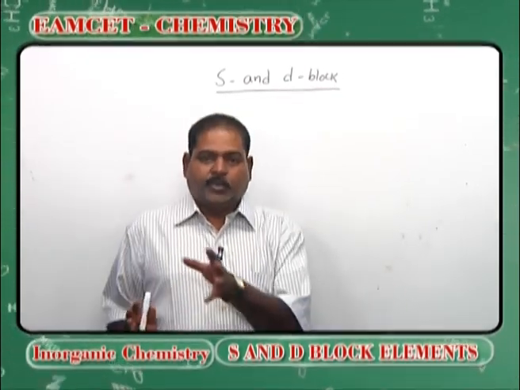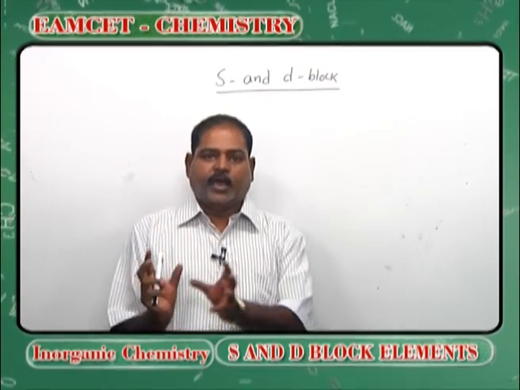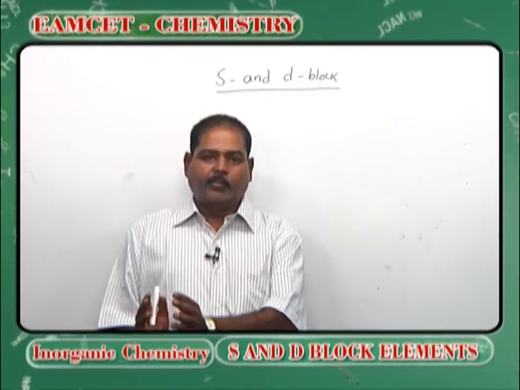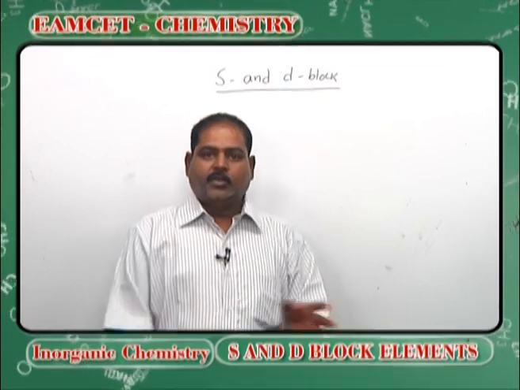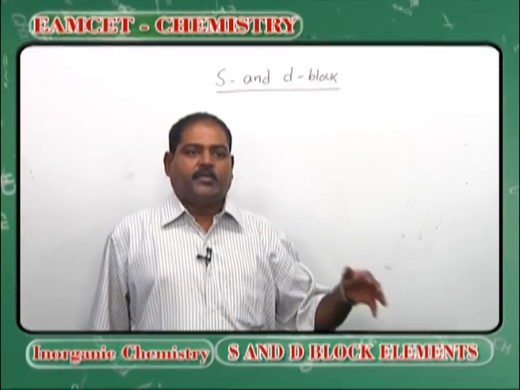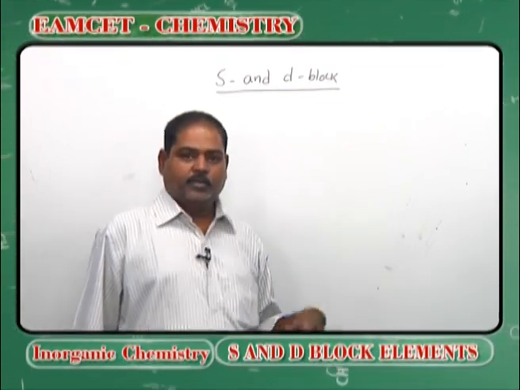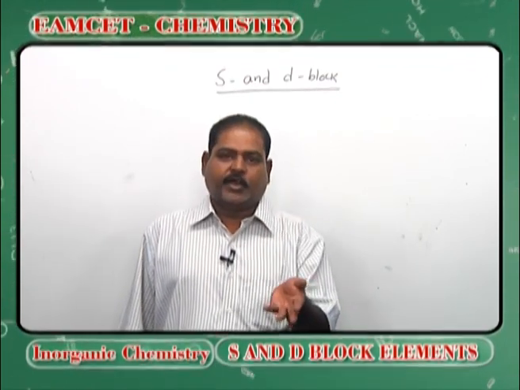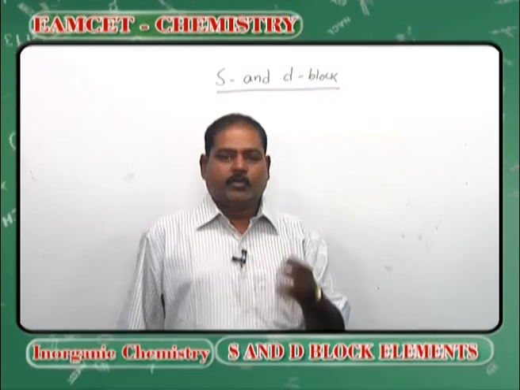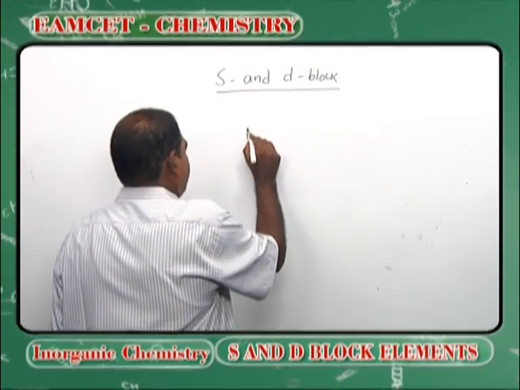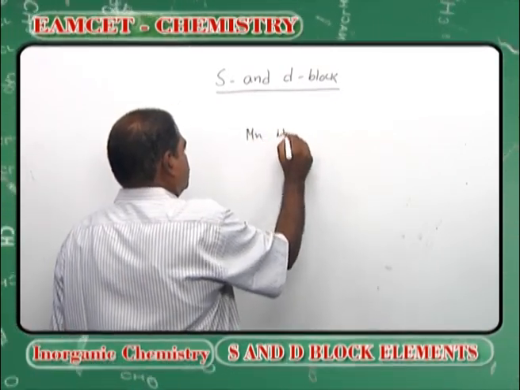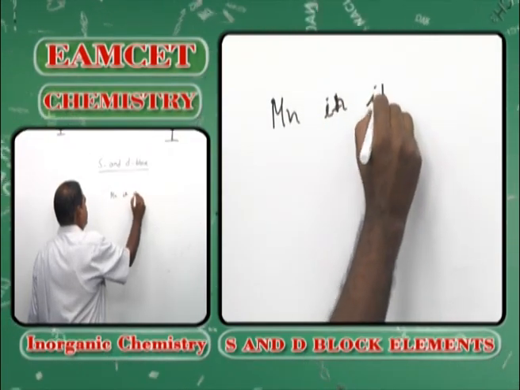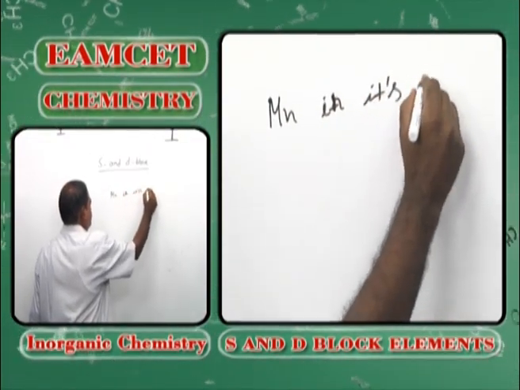So, by the same yardstick, now that is the analogy between S and D block. I brought about the chief differences between S and D block. They have low melting points, high melting points, fixed oxidation states, variable oxidation states. If I ask you what is the oxidation state of manganese in its compounds, no one can answer. It can be +2, it can be +4. It is an impossible question.